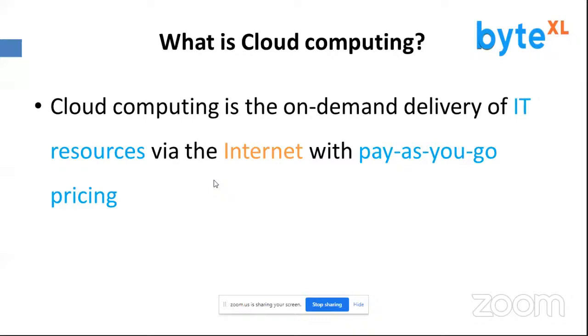So let's talk about what existed before cloud computing. Before cloud computing, companies used to buy their own servers to install and manage inside their buildings. That is what used to happen. Before cloud computing was introduced, companies used to buy huge servers and install and manage everything within their own premises.